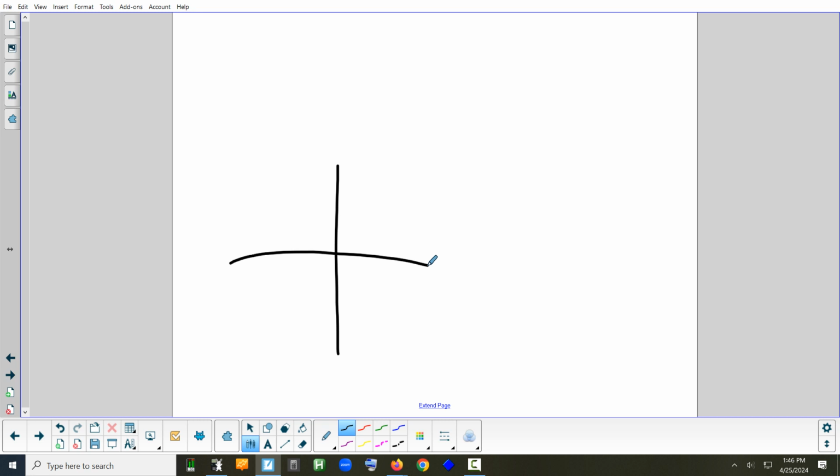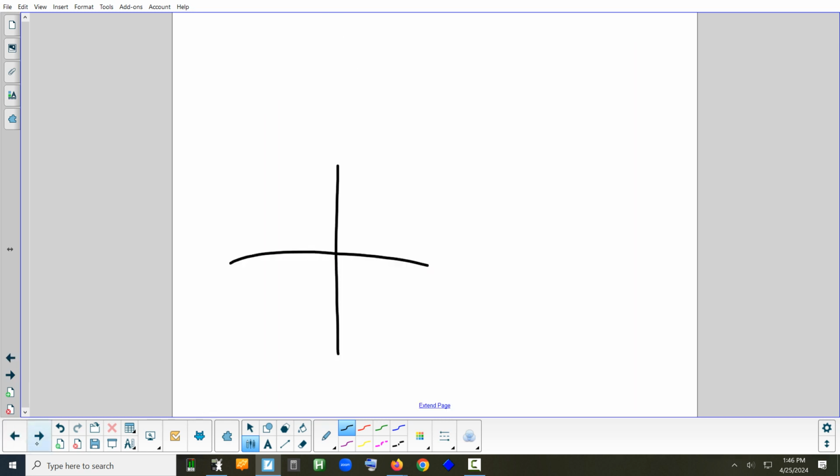You could go up, right, and go behind the board. There's 2. You could go right, down, in front, right, down, behind. There's 2 more. And then left, up, in front, left, up, behind. Left, down, in front, left, down, behind. So there's 8 regions, and they're called octants in 3D.